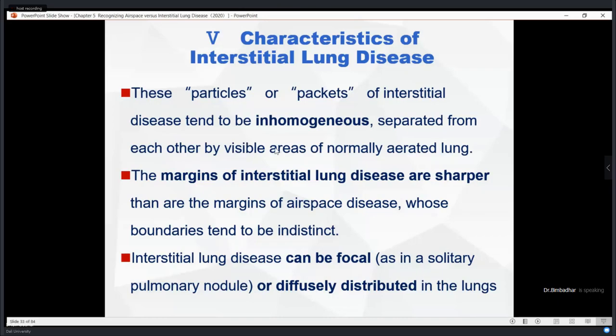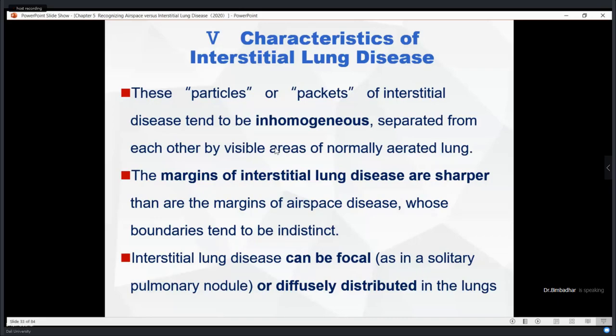There are two patterns: homogeneous and heterogeneous. If you remember last time how a pneumonia looks, it looks like a homogeneous density, right? All the area the pneumonia covers, all the consolidated area, looks equally white. But this one does not look like that.